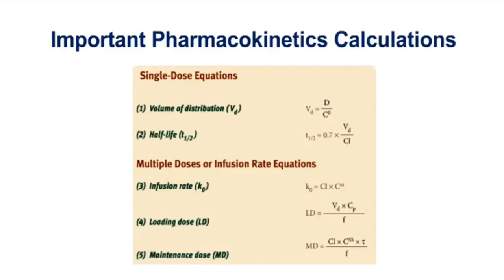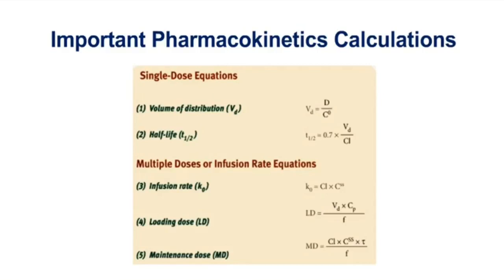If I'm going to give them a loading dose, however, a single dose, I'm not as concerned about clearance as I am where does the drug distribute. So volume of distribution is more important for me to include in my loading dose calculation. Make sure you pay attention to differences in the way we use those 2 variables. The maintenance dose equation also uses the variable tau. Now, tau is your dosing interval.